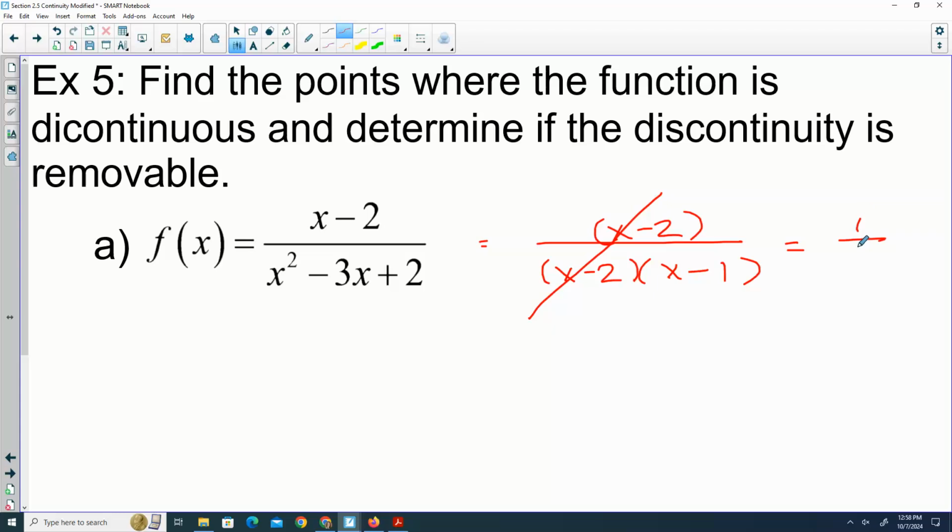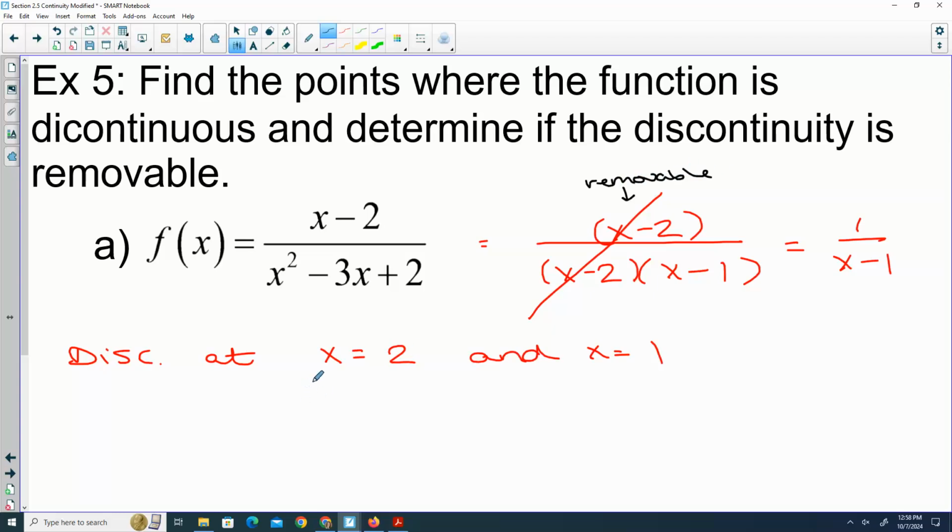So it's 1 over x minus 1. Okay, so this is discontinuous at what points? x equals 2 and x equals 1, because both of those make the denominator 0. Anytime something cancels like this, that is removable.